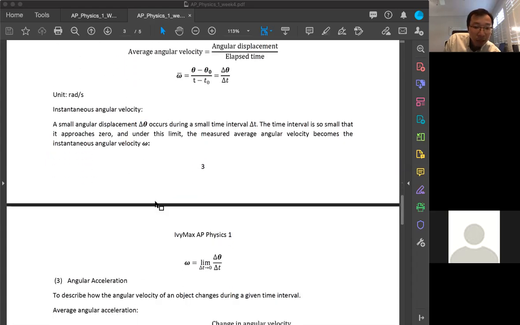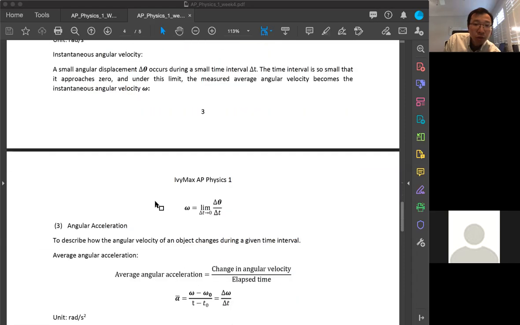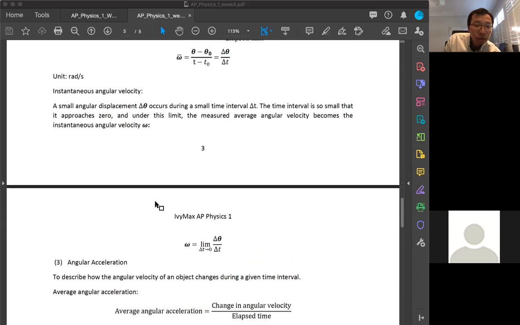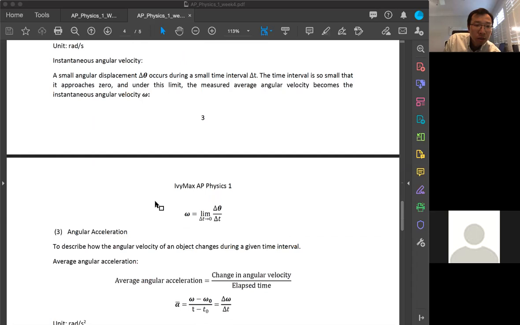All right. Next, it shows the instantaneous angular velocity, which I just mentioned. It is just taking the limit of the average angular velocity as we approach the time interval to zero, and that should give you the instantaneous angular velocity.